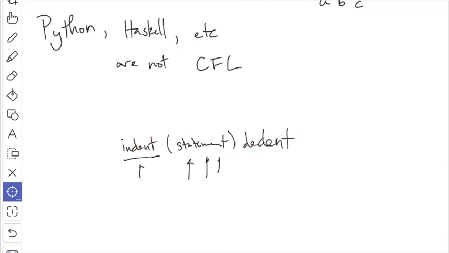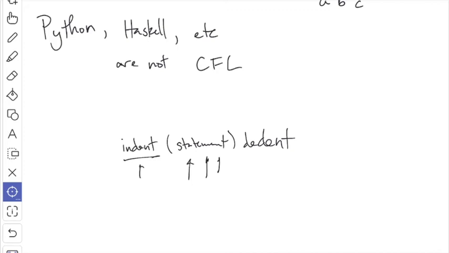This is how you think of indents: you indent, then you have a bunch of stuff, and then you move back. But when you read the file of code as a giant string, indents don't actually look like that. The indents are interspersed throughout the whole statement, and that's what messes it up. So all of that, I just wanted to give a real-world example of non-context-free languages. Languages which have these kinds of indents are automatically not context-free for that reason.